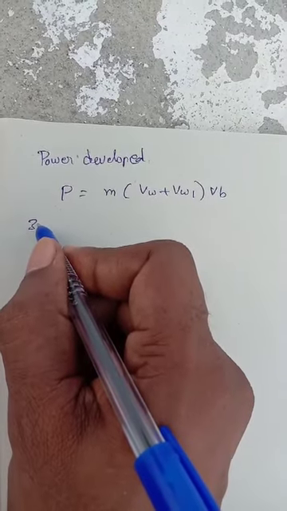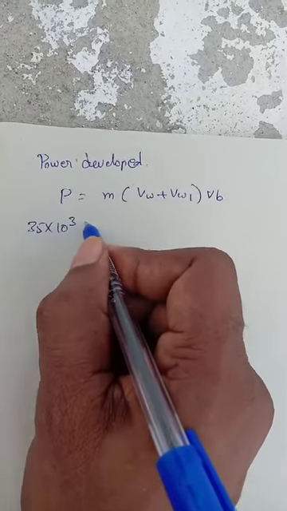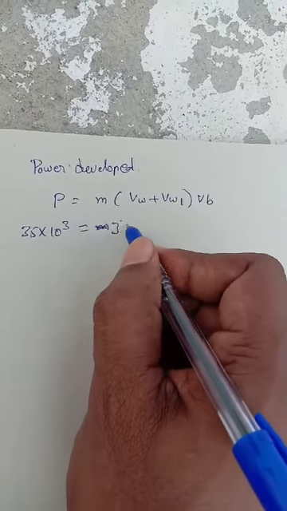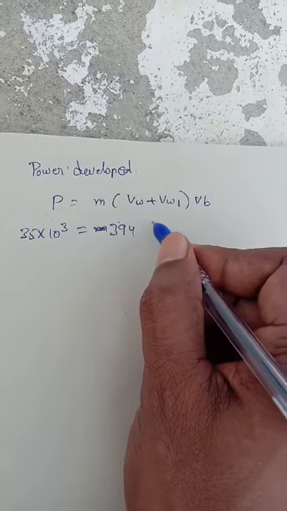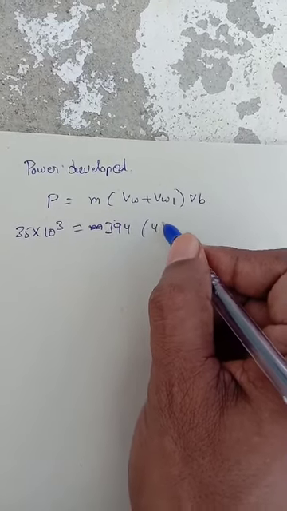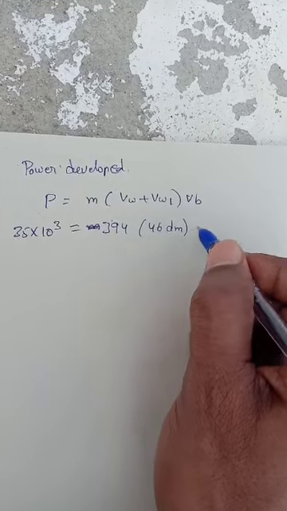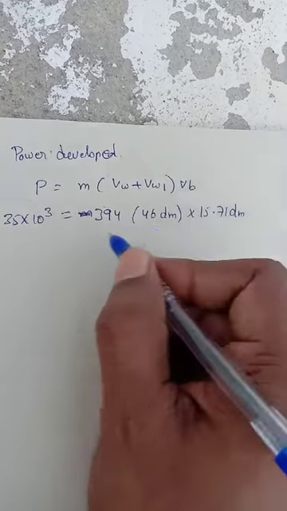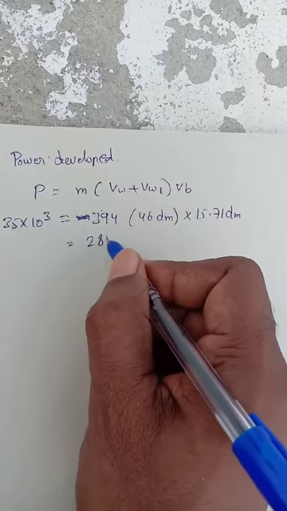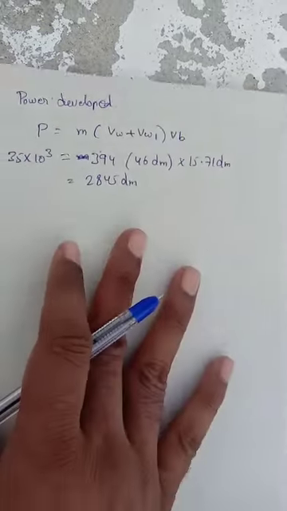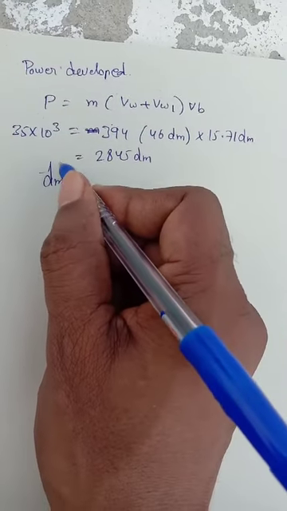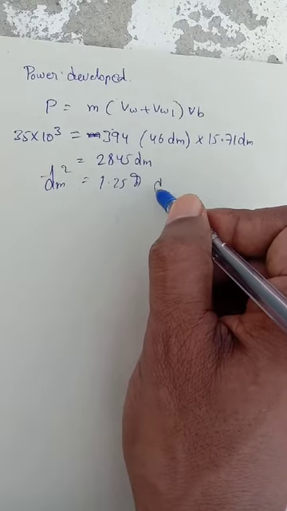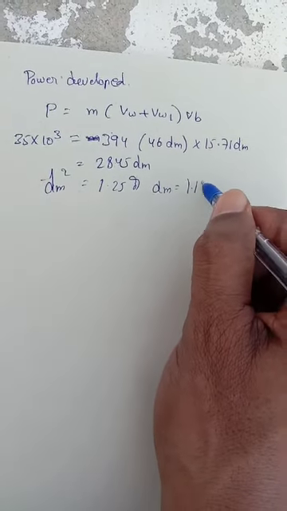Then 35 into 10 cube is equal to M, and we put the values: this 56 dm into 15.71 dm. So solve this, we get dm. The mean diameter is dm equal to 1.11 meter.